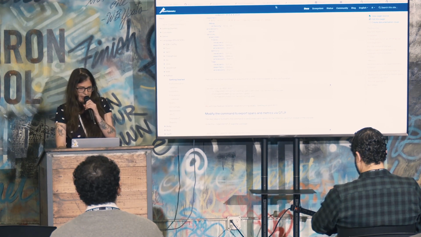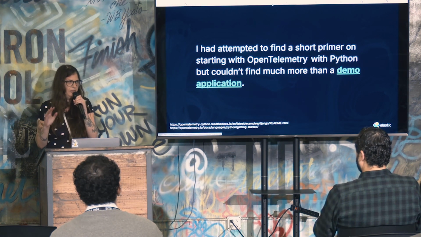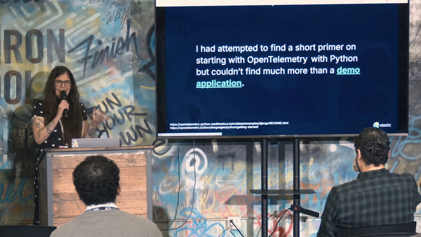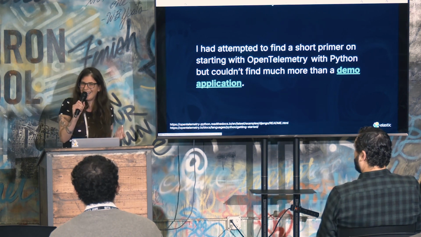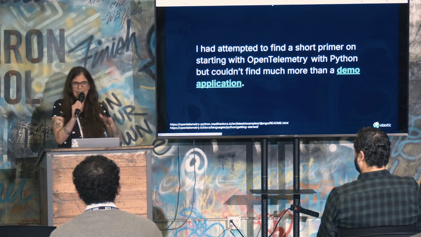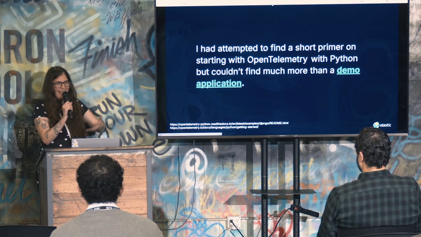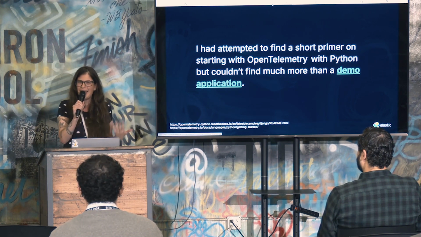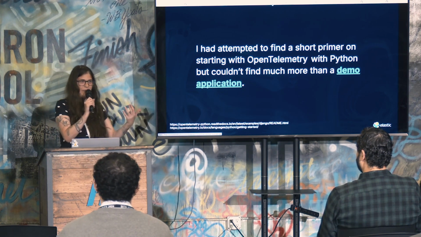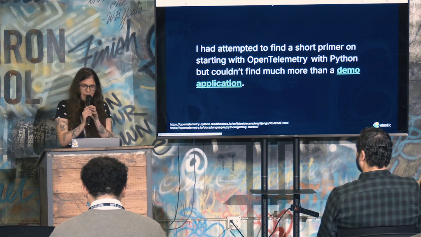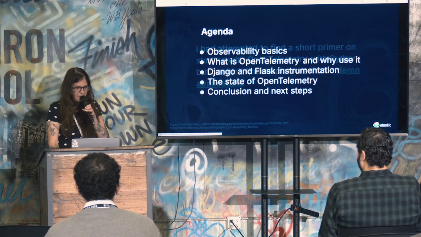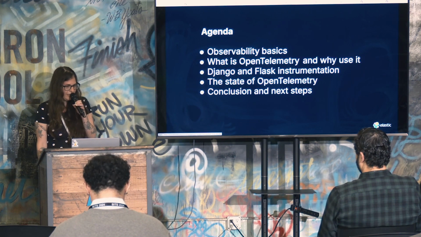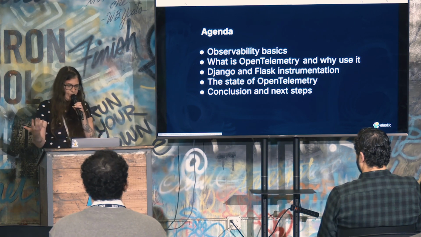I don't know if anybody else here has had that experience where you go to find a resource and you're like, I kind of get what's happening, but I kind of don't. Why are things printing out of my console? What is happening? Why aren't I running my application?